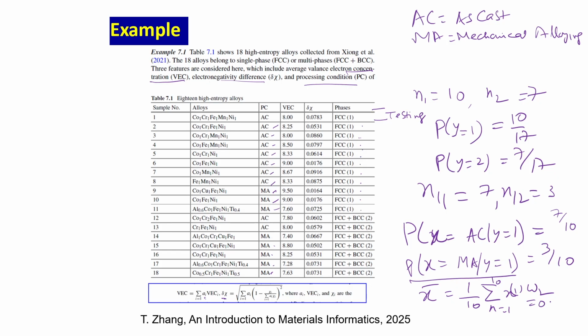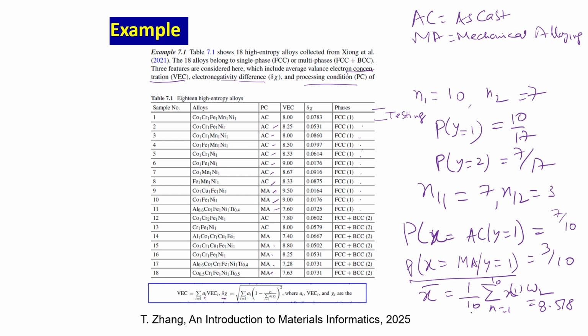You will get 8.518 as per these calculations. You have to sum over all the x's using this weight factor W2. Similarly, you can calculate the other means.